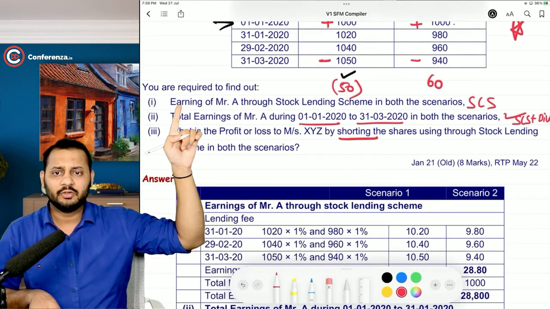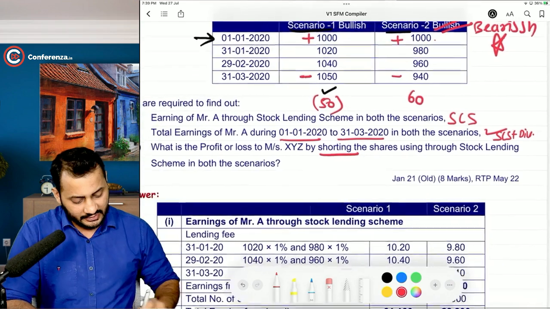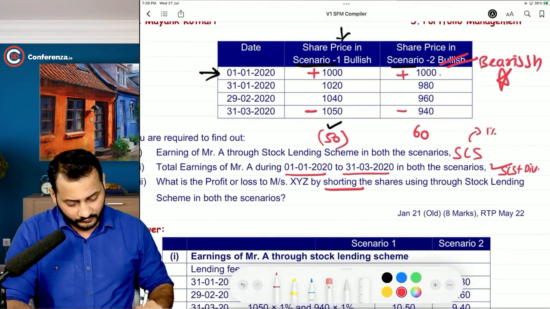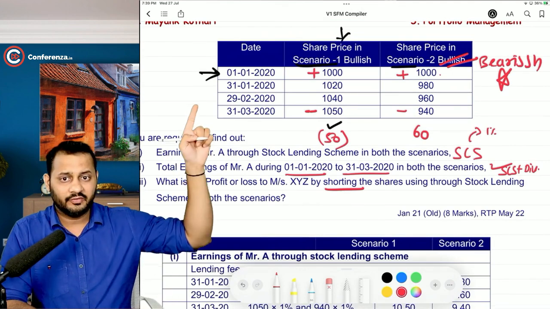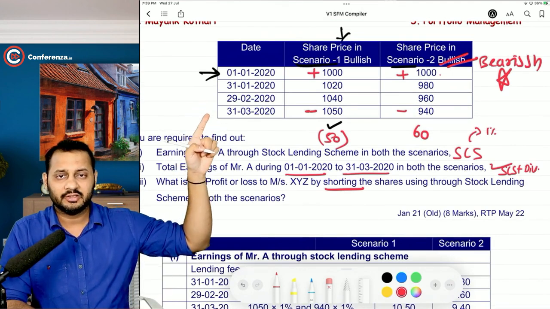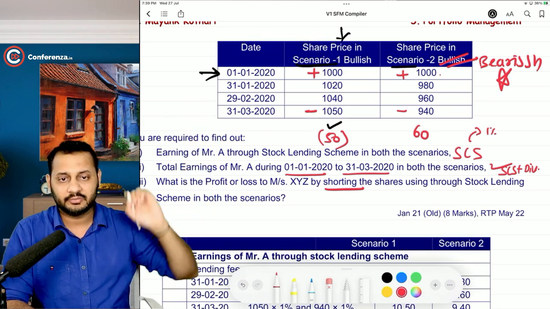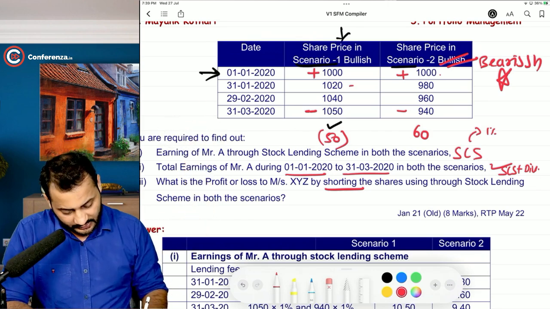First, let's simply calculate the earning of Mr. A. See, it is very simple. 1% of the closing value, 1% at the end of 31st January, 29th Feb and 31st March. 1% of it comes to 10.20, 10.40 and 10.50.